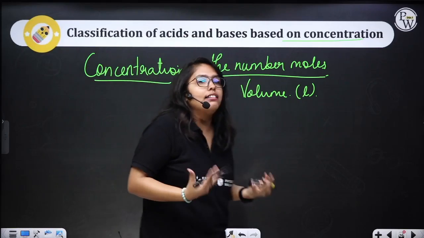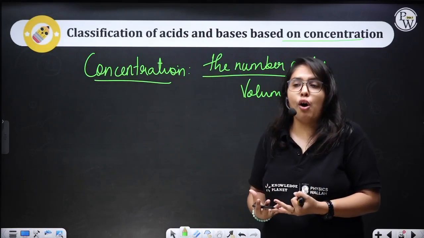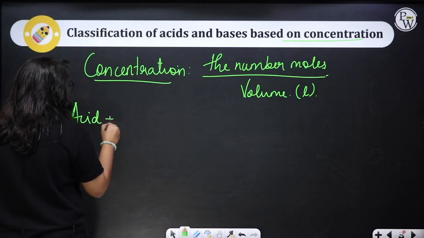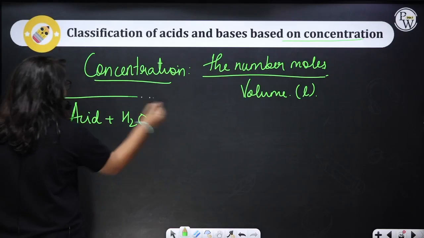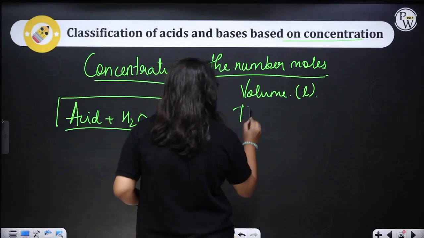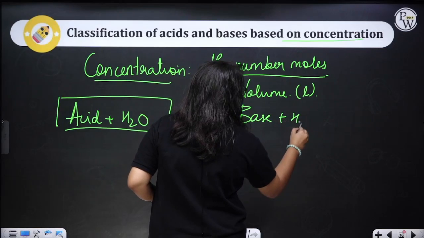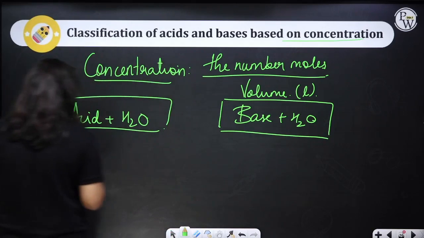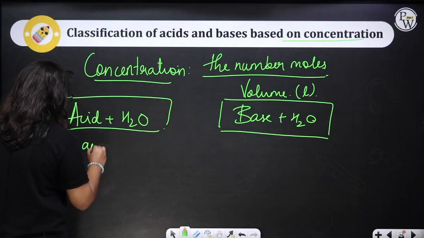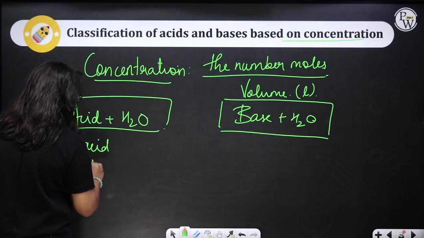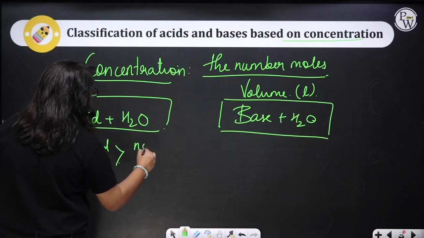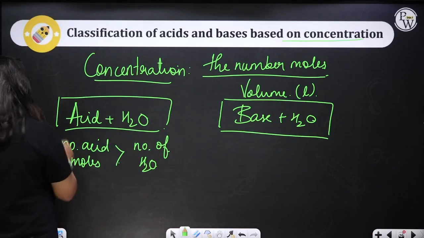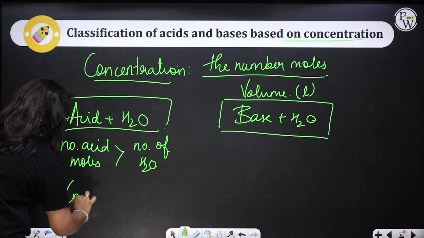Now, how do we classify acids and bases based on concentration? We know we have acid plus water, right? This is one. And we know there is base with water to form its aqueous solution. When the number of acid molecules is greater than the number of water molecules, then it is said to be concentrated.